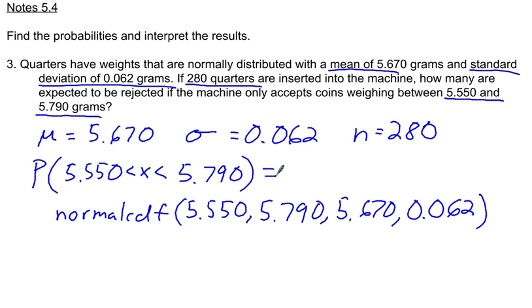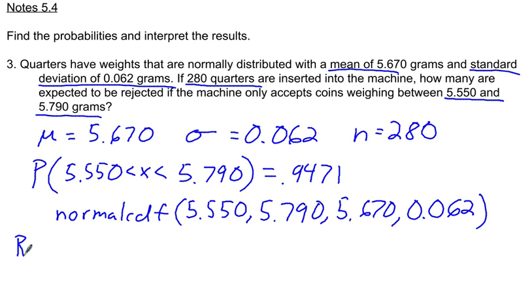So this gives us 0.9471. Now this is the probability that they fall between that range, so the probability that they are accepted.